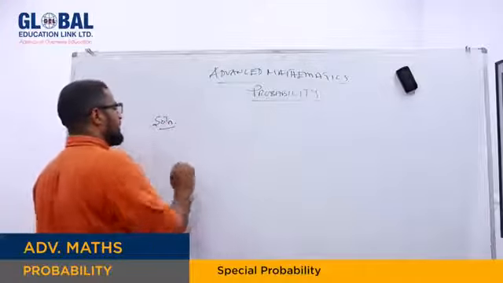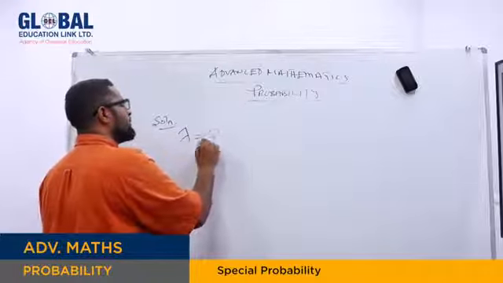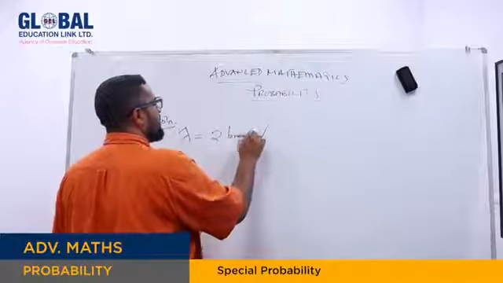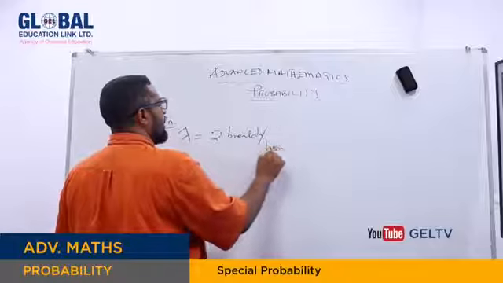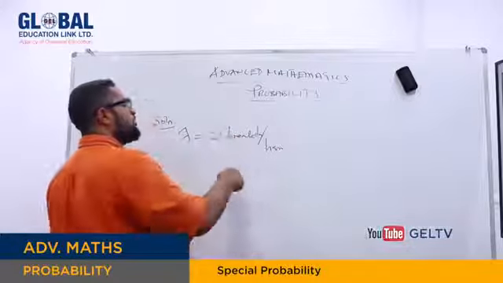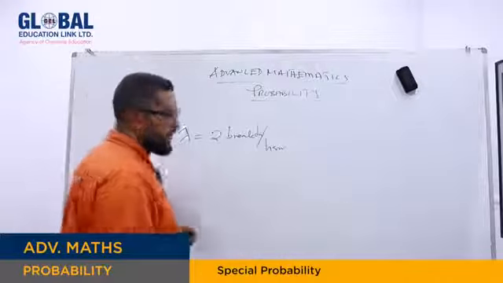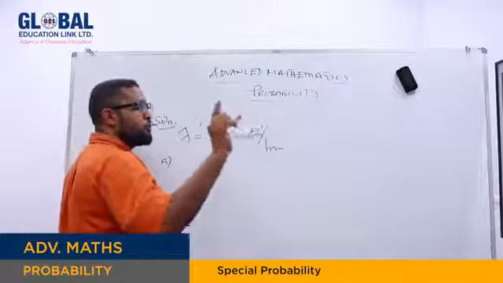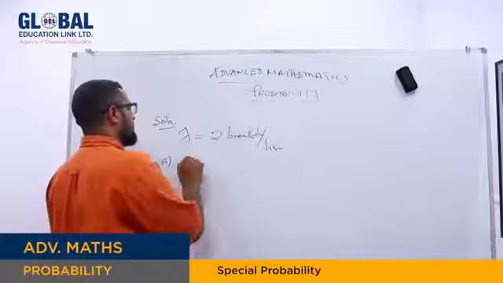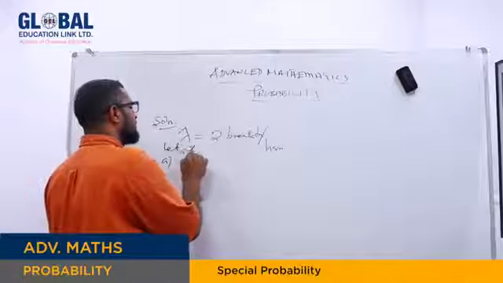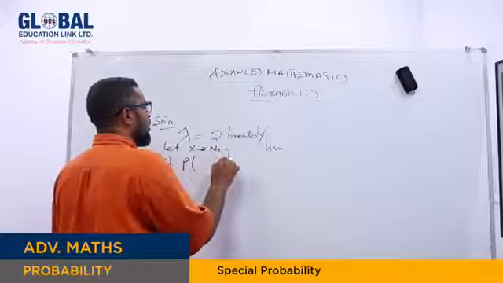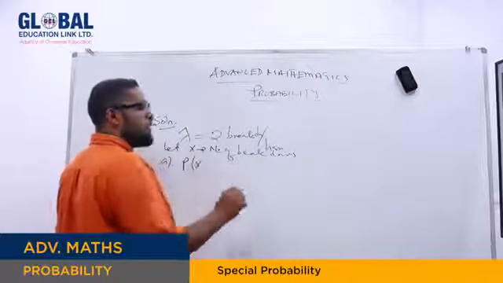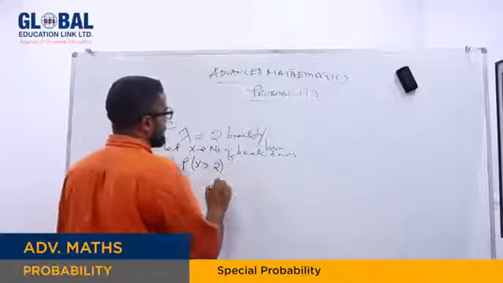So solution of that question. If you look clear, you'll be having mean, which is 2 breakdowns per hour. As I said, in Poisson, there must be an interval of time. Part A, find the probability that more than 2 breakdowns. So let x stand for the number of breakdowns. More than means greater than 2.